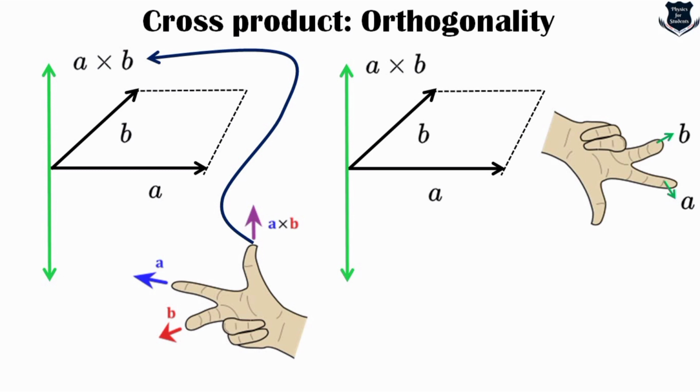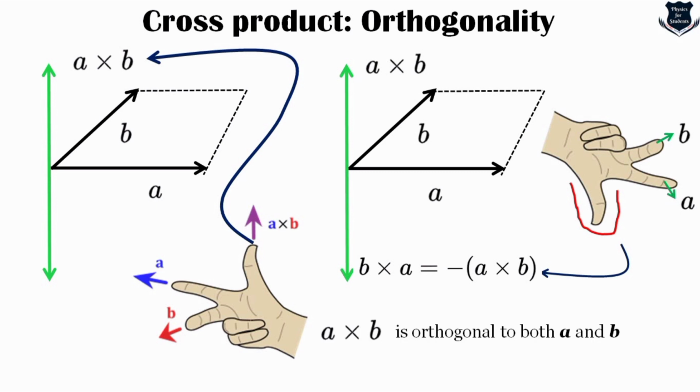And we take our hand and curl our fingers from B to A, the red zone. And you see this is coming, which is anti-commutative. B cross A equals minus A cross B. That means ultimately A cross B is orthogonal to both A and B, and its direction is determined by the right hand rule.